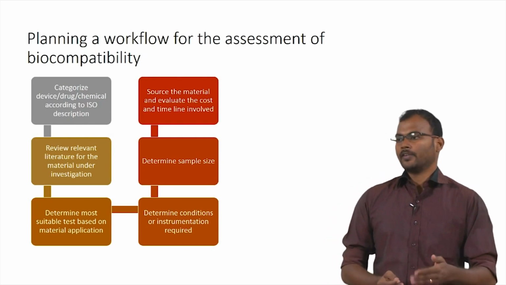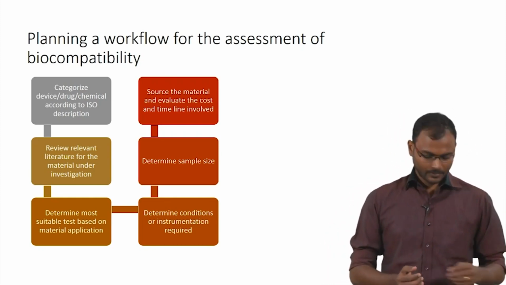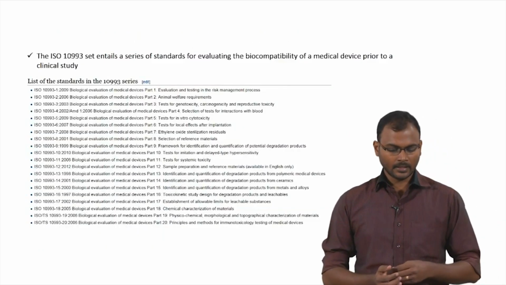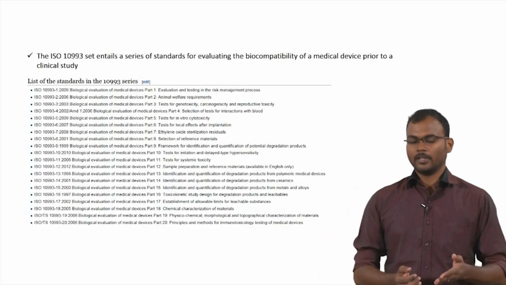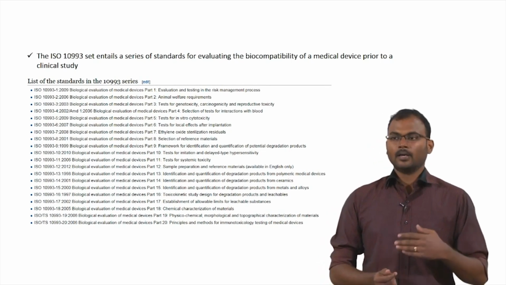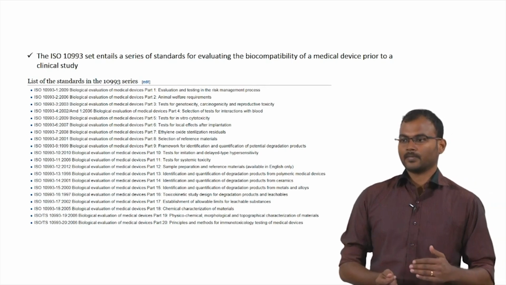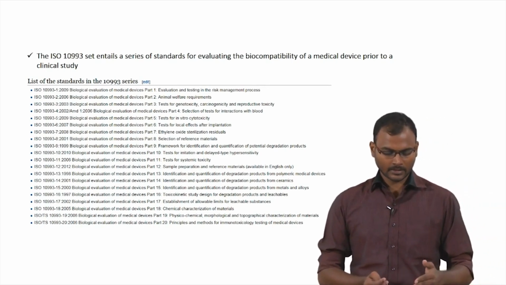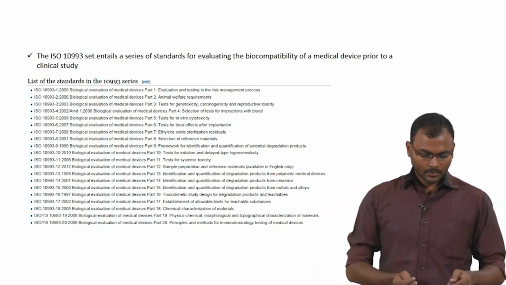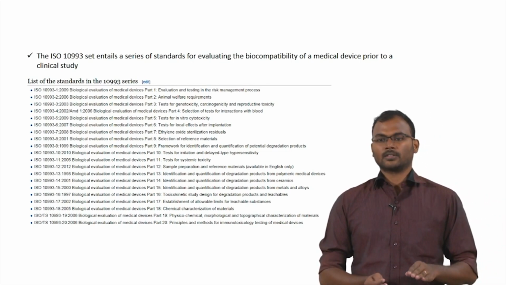Then finally, you have to consider the cost and time involved in developing that material. These are the standards given by ISO. Each standard has a different set of guidelines for different applications, such as 10993-5, which only involves in vitro cytotoxicity.